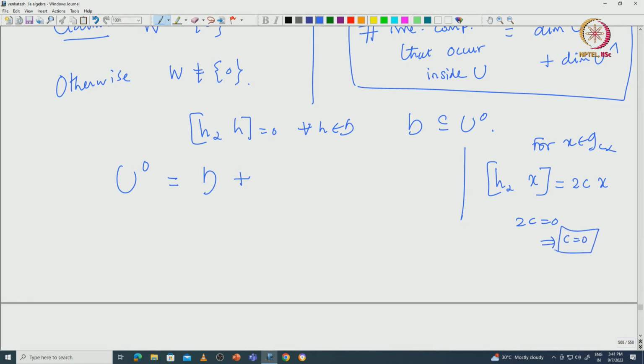So, there is nothing else left in this 0th eigenspace. That proves that U naught must be equal to H. Okay. So, this is something we could observe immediately.